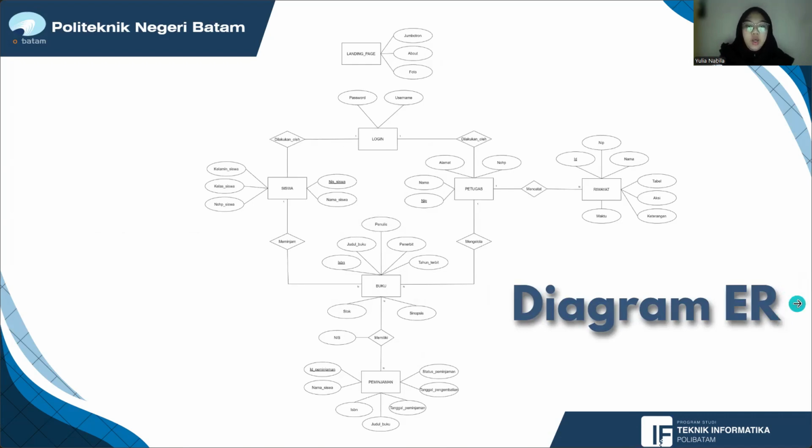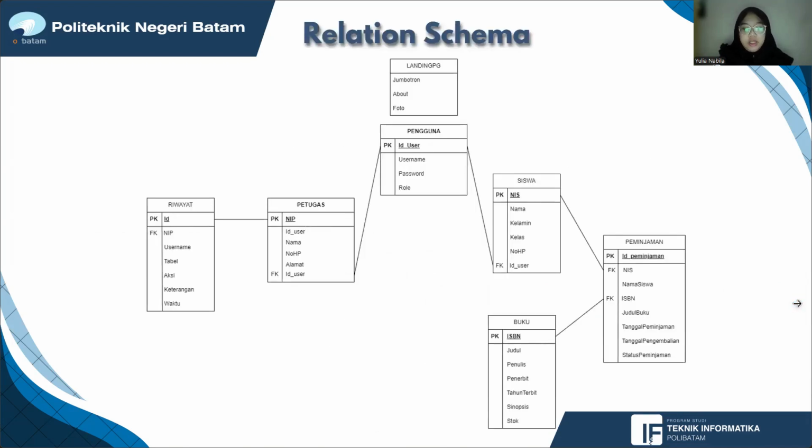Okay, next we have relation schema explanations. This diagram shows the structure of the library database, illustrating the tables, their attributes, primary keys, foreign keys, and relationships between them. So the relation schema is related to the ERD. That's why what it says is similar to the ERD.